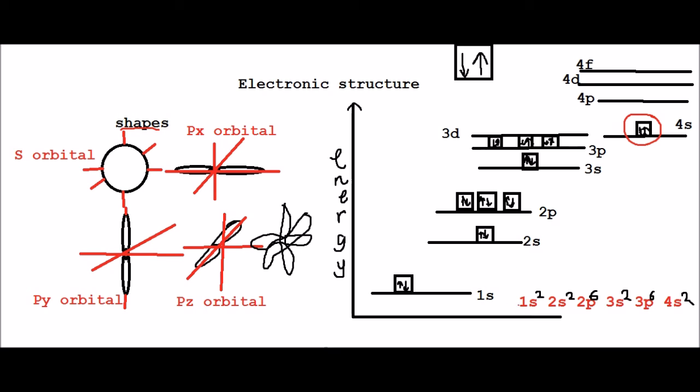So calcium's would be 1s2 because there are 2 electrons, 2s2, 2p6, so we've got 6 electrons there, 3s2, 3p6, 6 there, and 4s2, so there are 2 there. And that's how you write the notation for the electronic configuration if you're asked to do so.